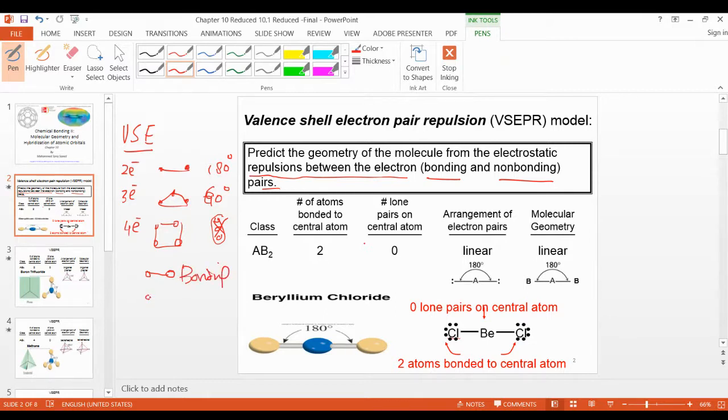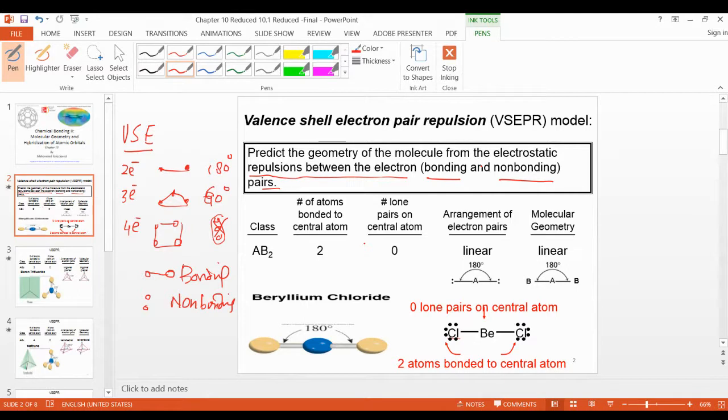Non-bonding, these two electrons are non-bonding. So the interaction between bonding and non-bonding, that is known as repulsion between the electrons, either bonding or non-bonding. So that electron repulsion will be minimized in such a way that we will get the geometry of the molecule.